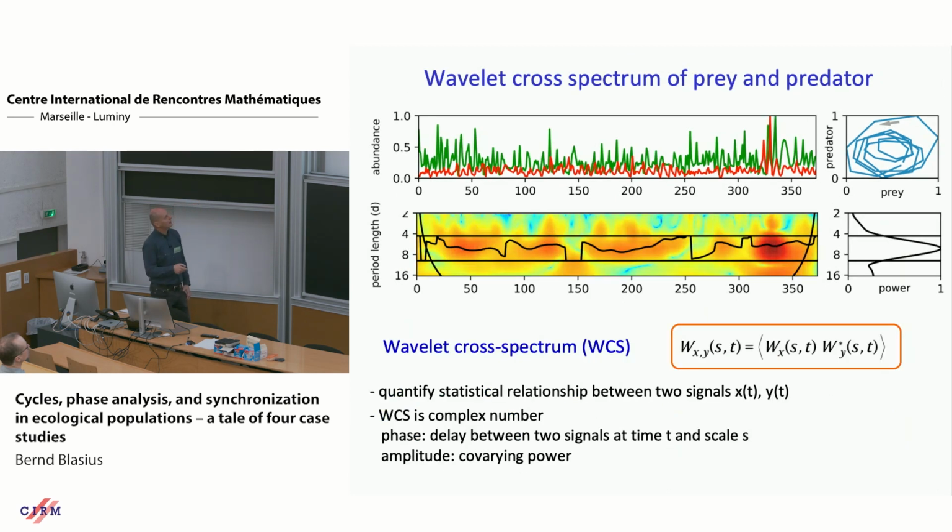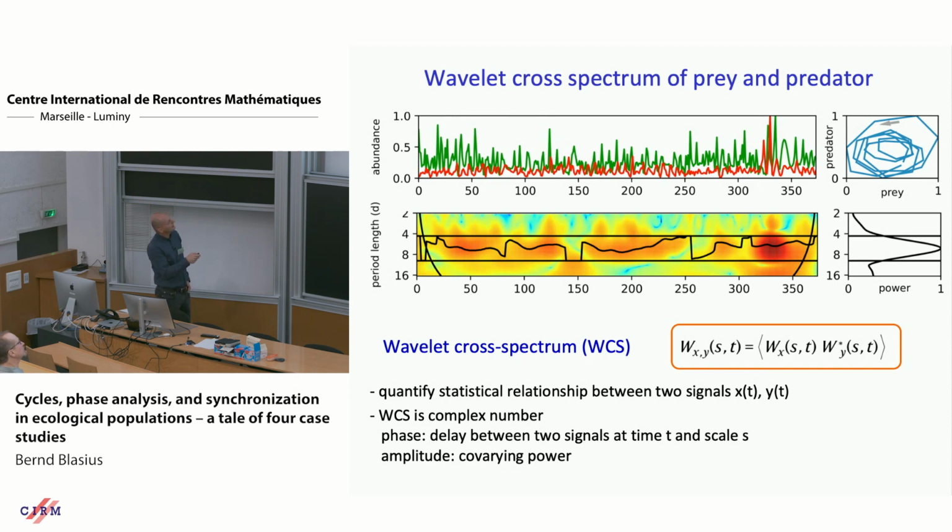Now you can look for the cross wavelet. If you take the wavelet for the predator, multiply it with the wavelet of the prey and average, this tells you: do predator and prey fluctuate at a certain time scale, with a certain frequency, at some point in time?